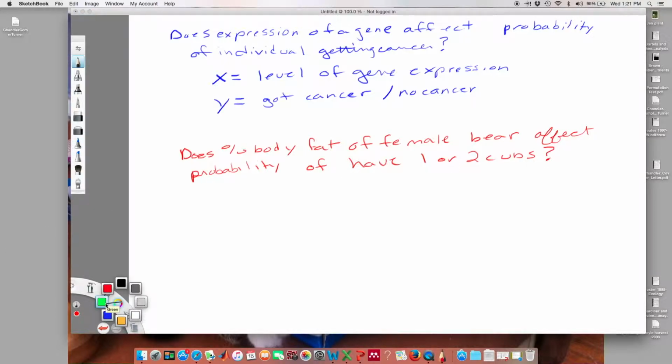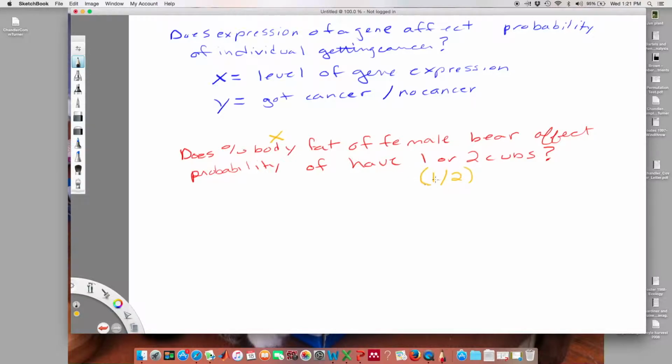So our X variable, our independent variable, which is continuous, would be body fat of the female bear. And our dependent variable, our nominal variable, would be 1 or 2.